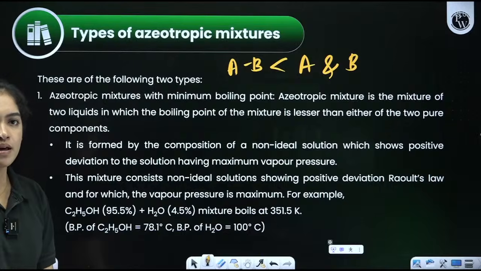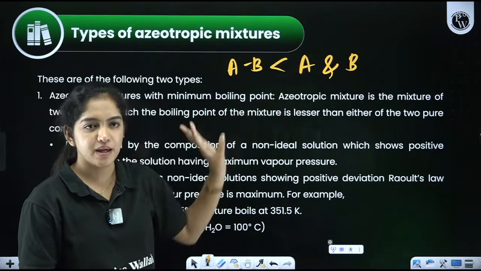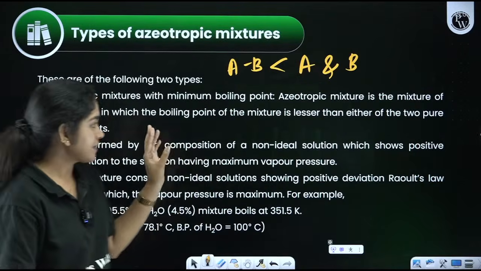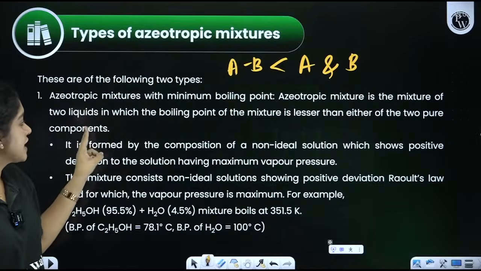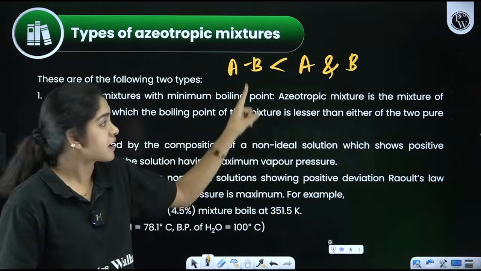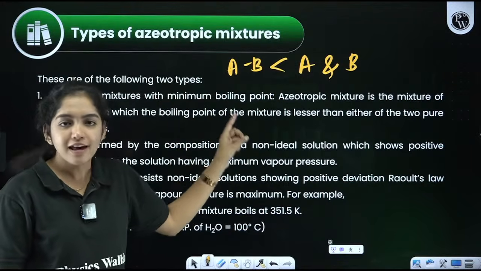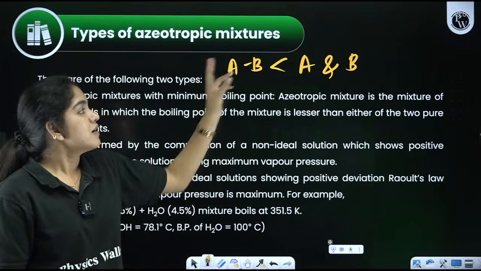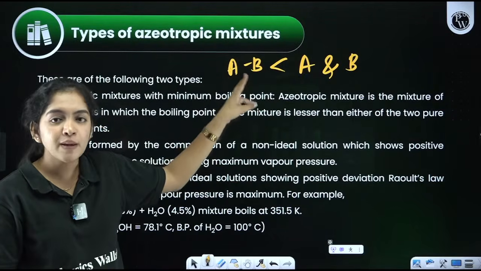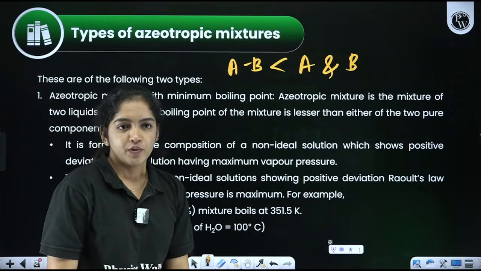A and B are the two components, and A has one boiling point and B has the other boiling point, right? So after mixing, AB boiling point will be less than A and B. Okay.